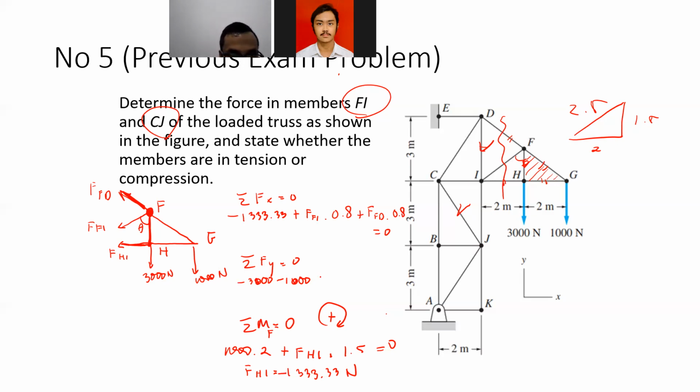That would be negative as well, 1.5, because it's going down as well. Negative FFI 1.5 divided by 2.5, so it's 0.6, plus FFD multiplied by 0.6 equal to 0.